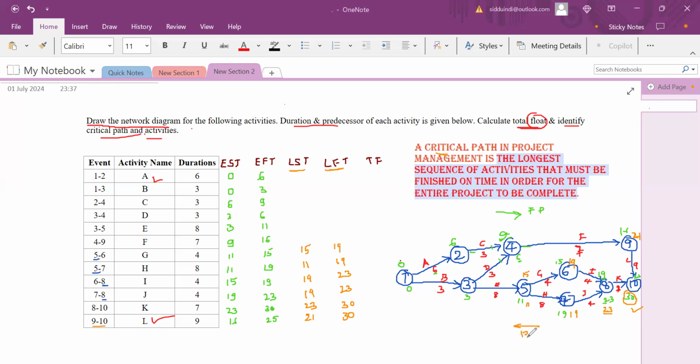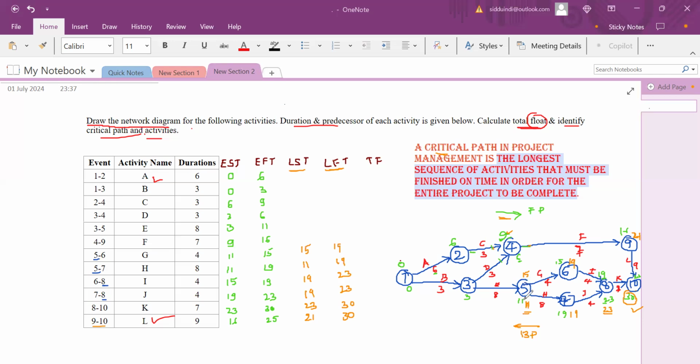Now while moving backward passing, we have to consider the minimum one. See, I said while moving forward passing, when you get two activities, at that time you have to consider the maximum, because the next activity will start only after this.